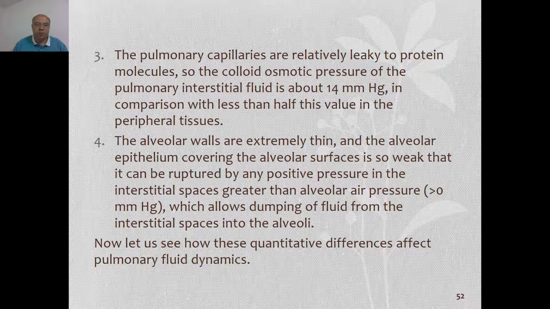And third, pulmonary capillaries are relatively leaky to protein molecules. So the colloid osmotic pressure of the pulmonary interstitial fluid is about 14 mm mercury in comparison with less than half this value in the peripheral tissues.